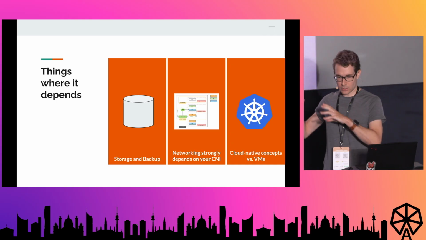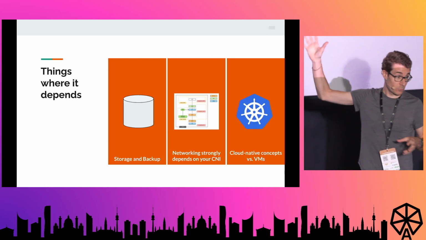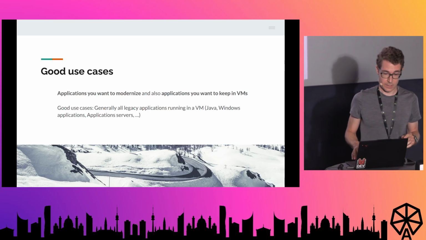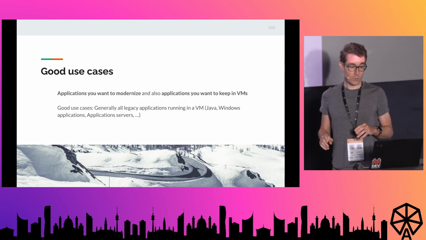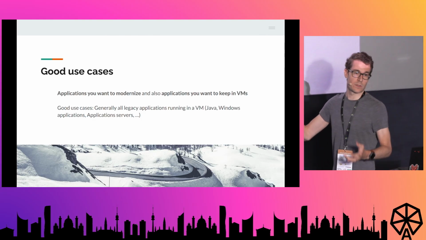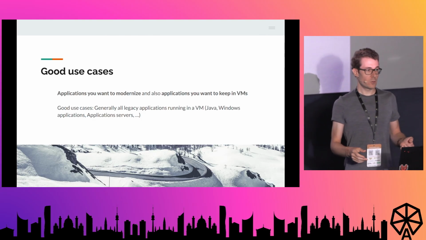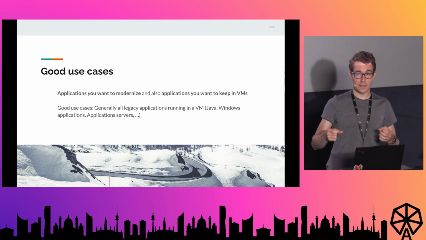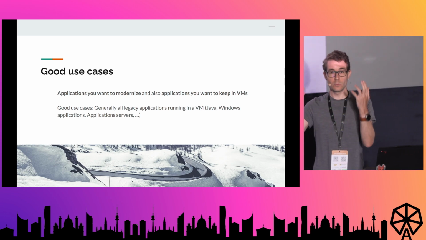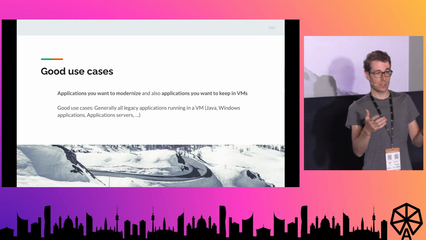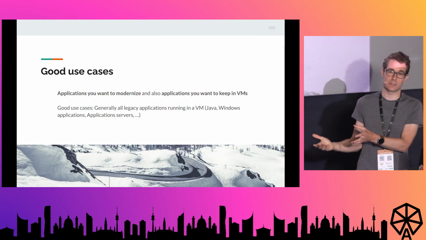Okay, so we talked about what works well, what does not work well, and some challenges around it. So how can we actually use this? What we've seen is that there are generally two strategies for using KubeVirt. The first one is, you want to modernize your application, and you can use KubeVirt to move your existing VM workload closer to your containerized workload.